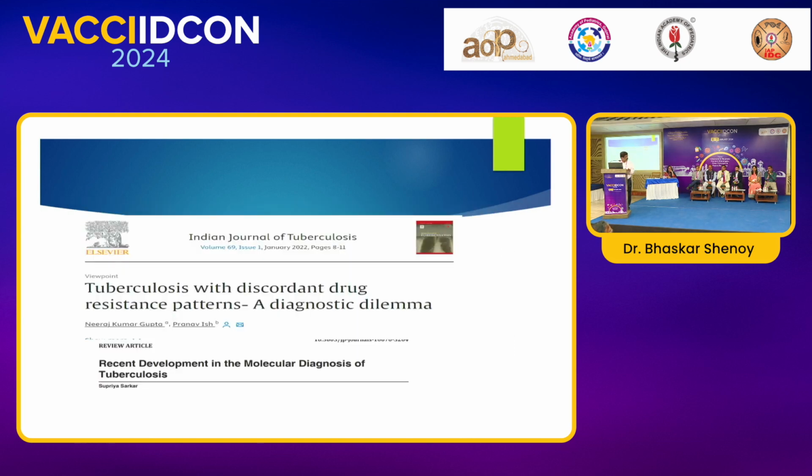So why not repeat a CBNAT? Pardon, sir? Why not repeat a CBNAT? Repeating CBNAT has also been advocated by some agencies, but LPA is the best because you will look at more drugs for which resistance can be found out. So these are the few papers that Devesh was mentioning, which have clearly covered these things.